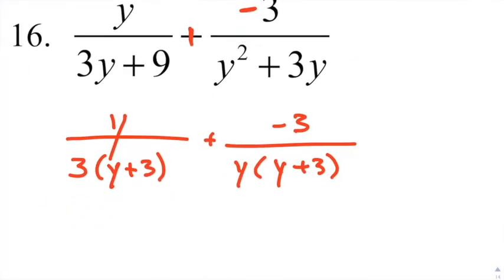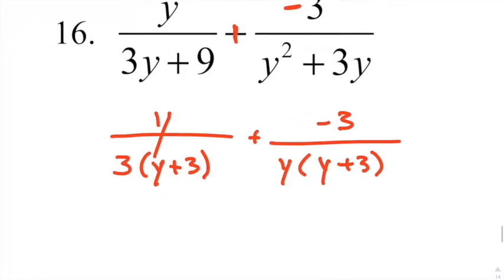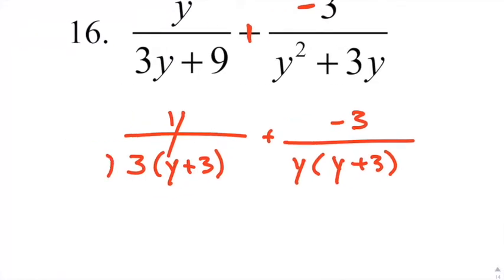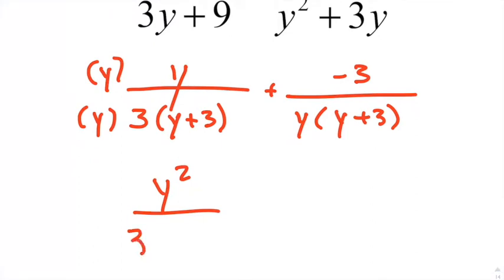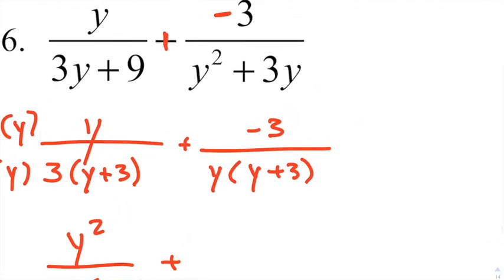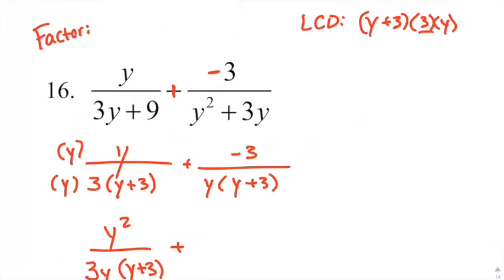So it looks like here on this first fraction, we're just missing a y. So I'm going to multiply top and bottom by y. y times y in the numerator will be y squared. Down in the denominator, I'm just going to write it as 3y and then y plus 3. Okay, second fraction, we are missing the 3. So we're going to multiply top and bottom by 3.